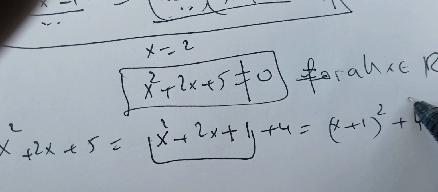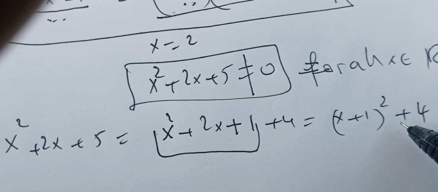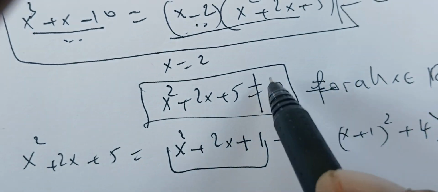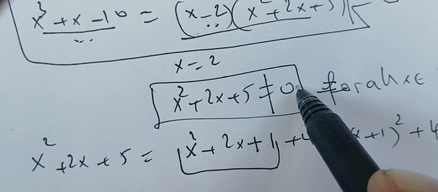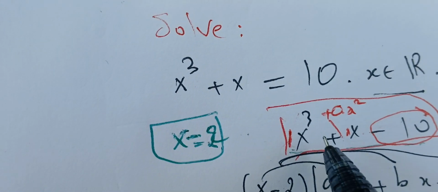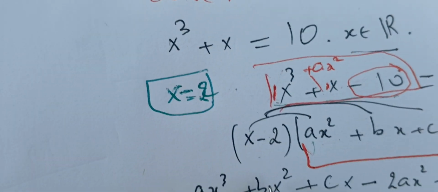So this is the sum of two squares. It can never be 0. Therefore, it's always bigger than 0, and we can never have this one as 0 and solve for x. Therefore, the only solution for this equation is x is 2.